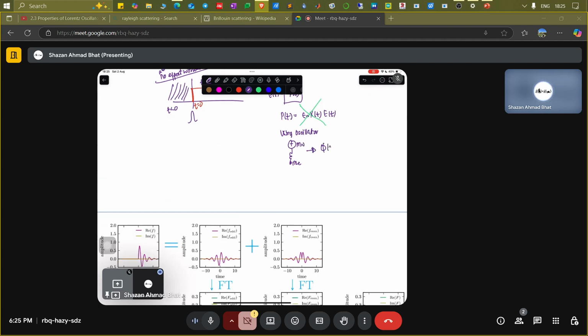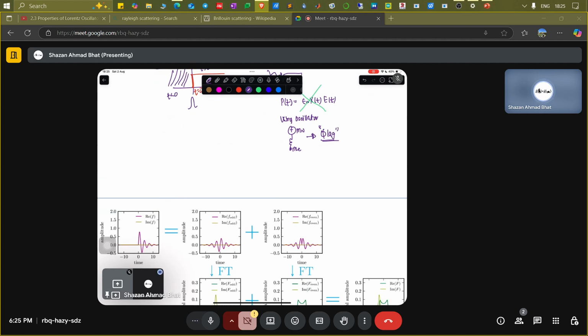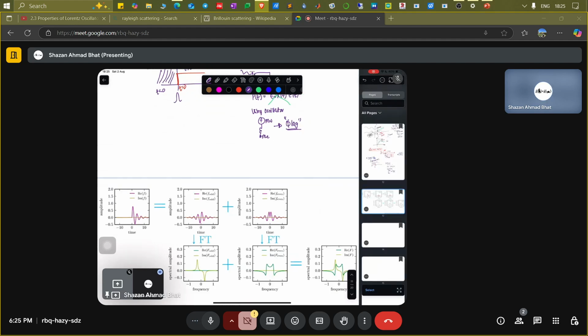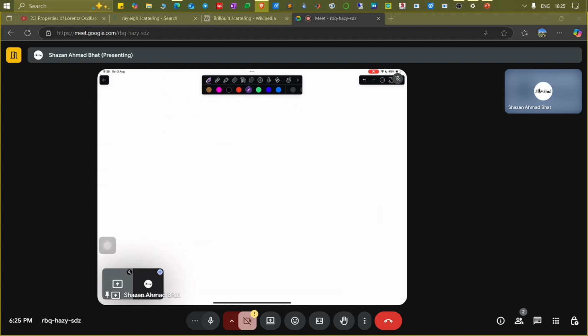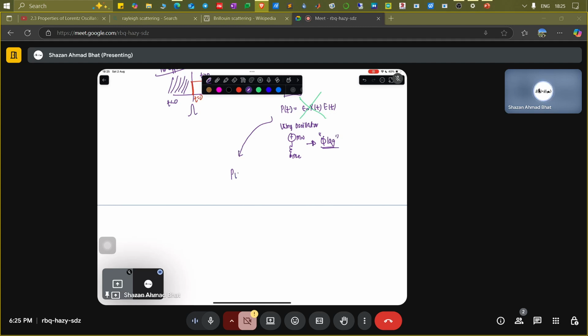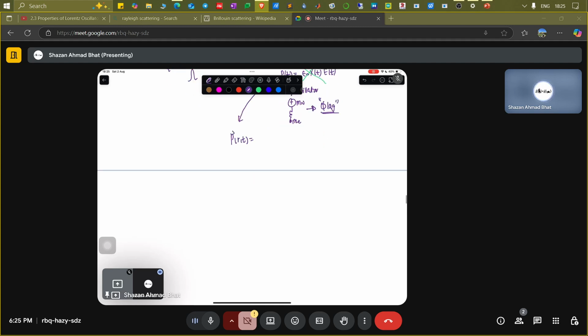So this phase lag basically gives rise to a delay in the response, and that tells us that you have to have certain correlations with the past. That is the fundamental notion. So that's why you can write this polarization, in terms of a space-time function, as an integration from minus infinity to t. It can be written as this particular part.